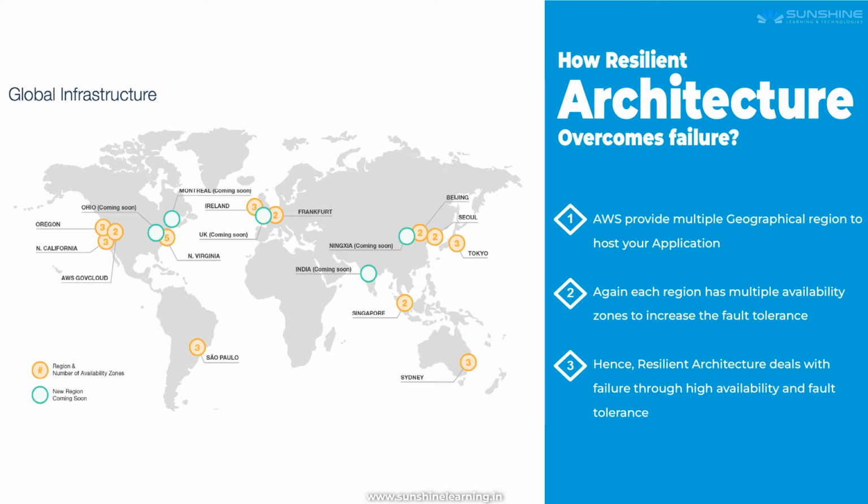In case I need to plan a backup also, a disaster recovery also, I may go with any other AWS region for creating a backup of the same solution. And whenever that kind of failure happens, the traffic will be quickly shifted to that backup solution. That is what it means for a resilient architecture to overcome failure, based on proper design and implementation.